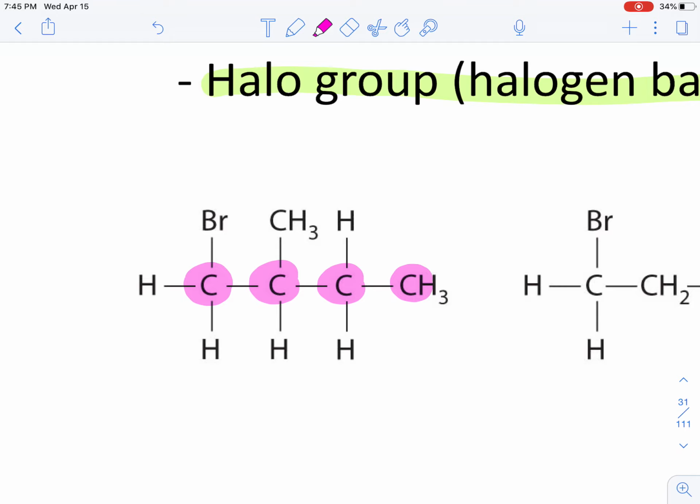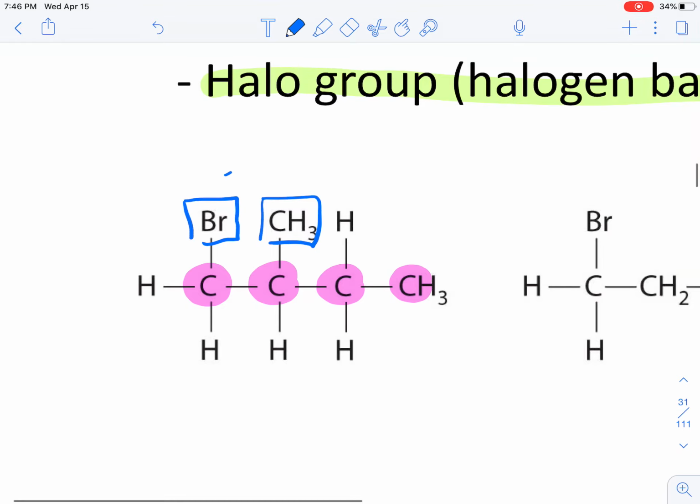We can assume that the carbons I've highlighted are the carbons of your parent chain. That means these other items that I did not highlight, such as bromine and CH3, are going to represent our substituent, our attachment.